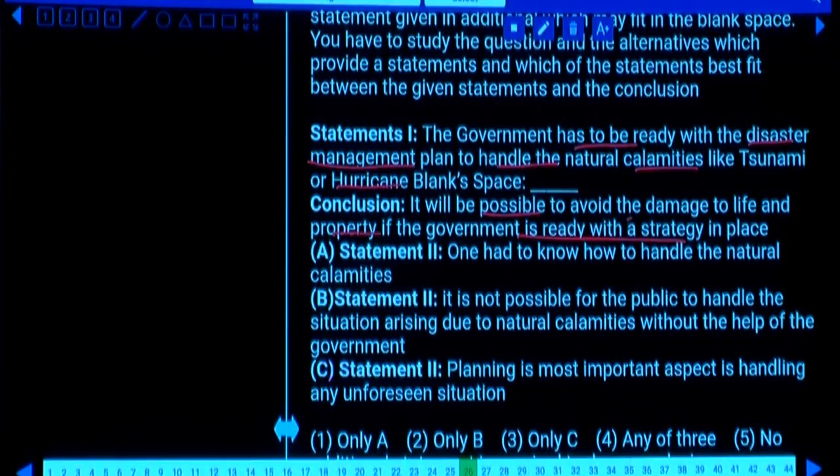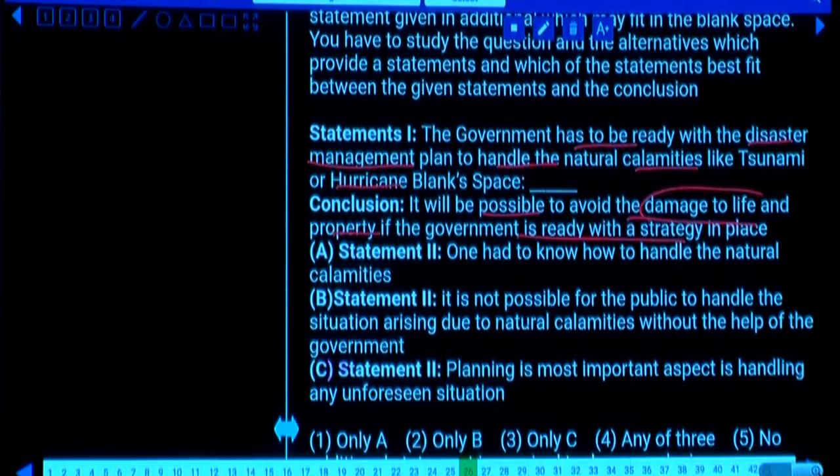To avoid damage. If the government is ready, how can the damage to life and property be decreased? Only by implementing that properly. You all know how to solve the paper, isn't it? And in order to clear the cutoff, what needs to be done?